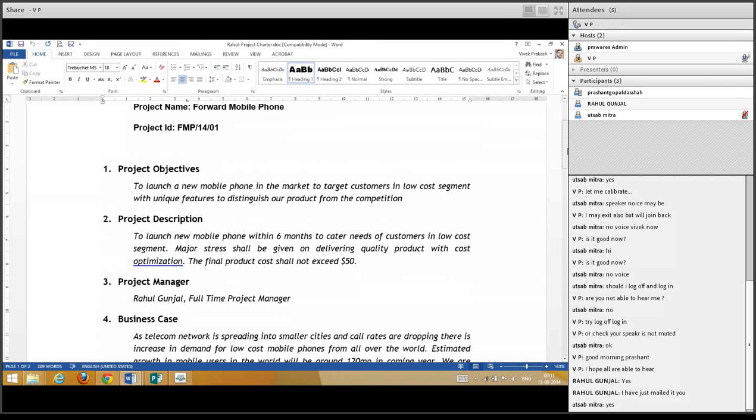A project objective is to launch a new mobile phone in the market to target customers in a segment with unique features to distinguish our products from competition.